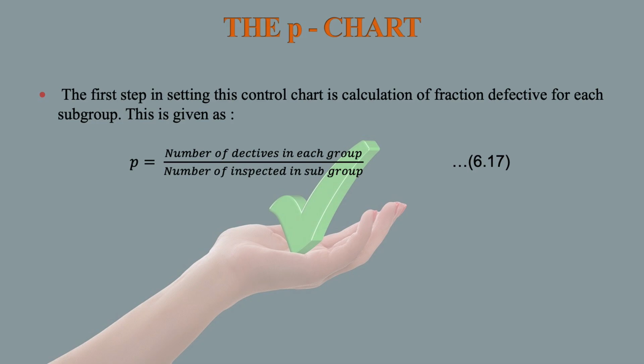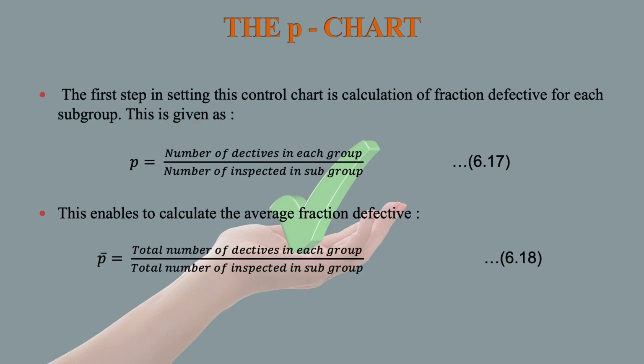In that way, we can calculate the value of P. This enables us to calculate the average fraction defective, that is P bar, defined as the ratio of total number of defectives during the period and total number of items inspected during the period.